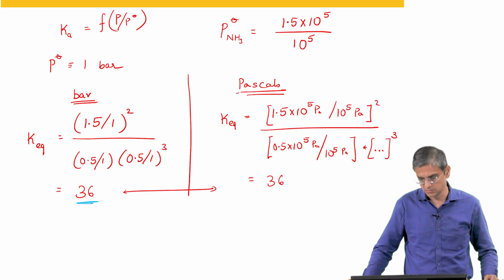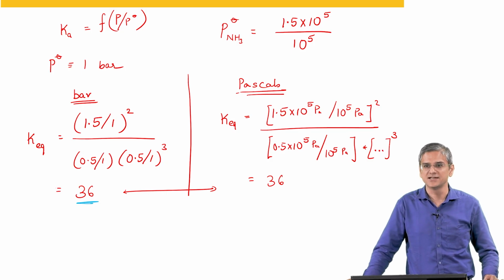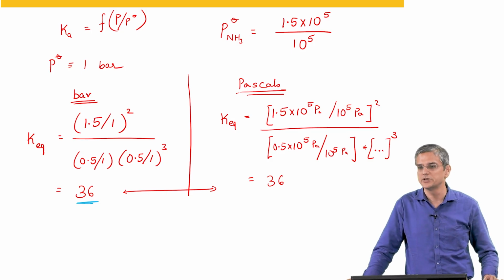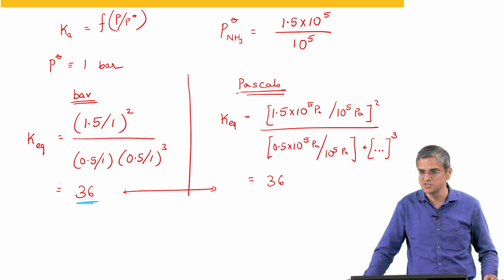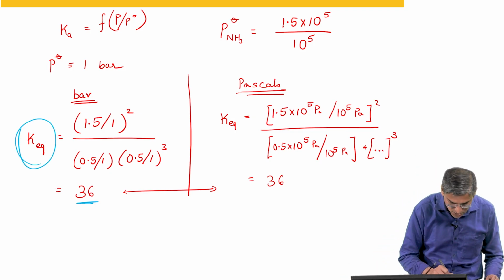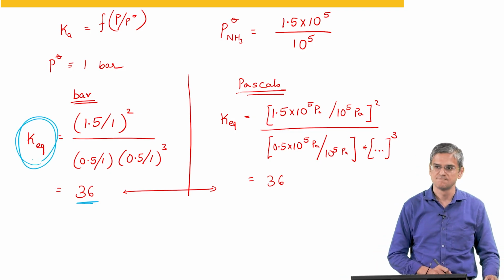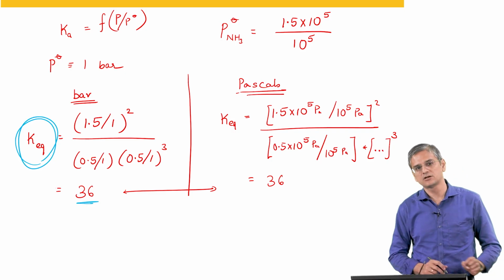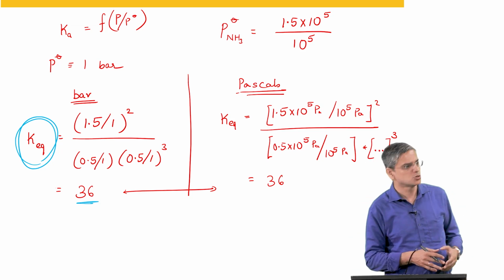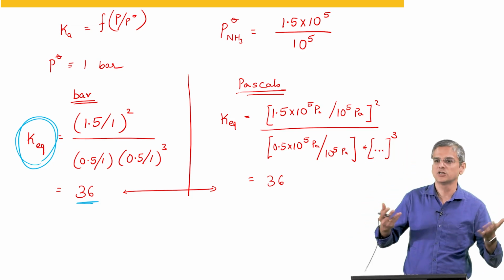Clear? Okay. So, when we say that K equal to e to the power minus delta G by RT, we are talking about this K. One of the questions also was, are these thermodynamic concepts?